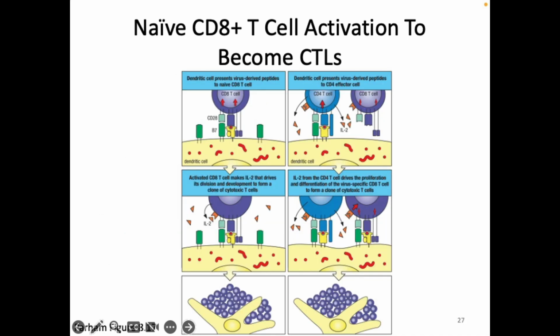But here you can kind of see this process. Originally, it's a dendritic cell, because dendritic cells are so good at turning on T cells. Here's my dendritic cell. It's turning on my naive T cell with signal 1 and signal 2. We're going to get some IL-2 production. This cell is going to divide a lot. And now, after this cell has divided a lot, this cell has gained its new function.